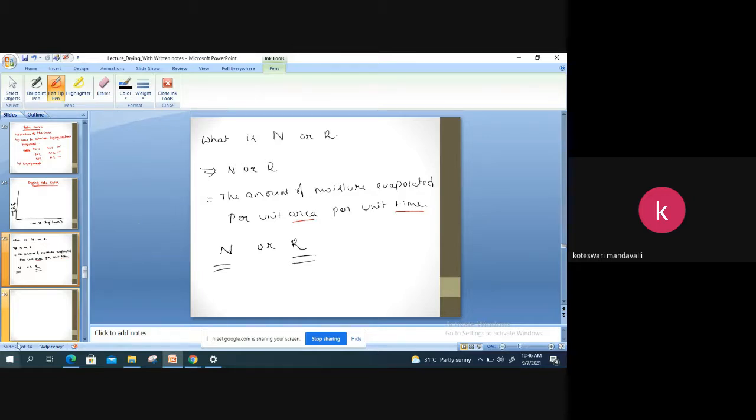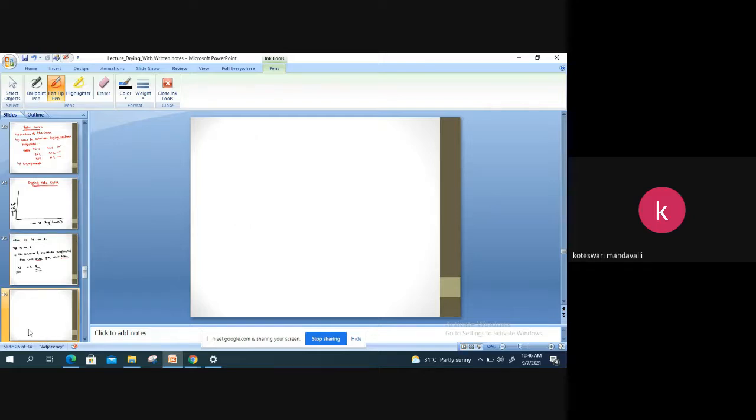Now we will see what is the equation for calculating N or R. Generally, if you know mass transfer coefficients and those things, you can use that terminology.